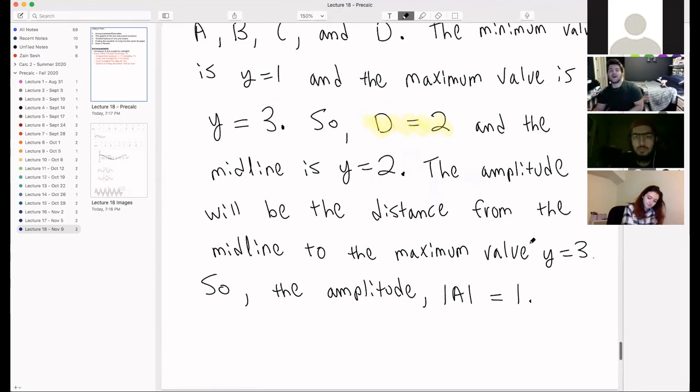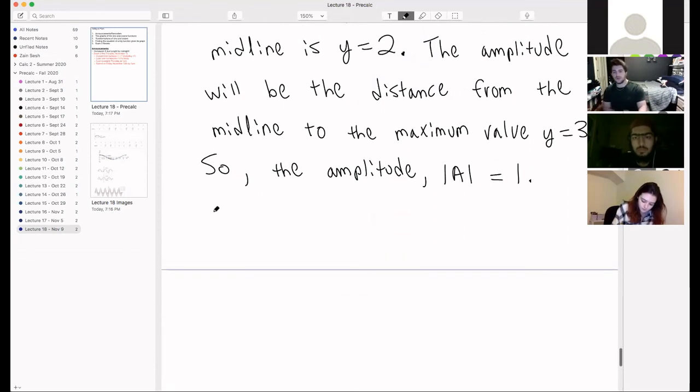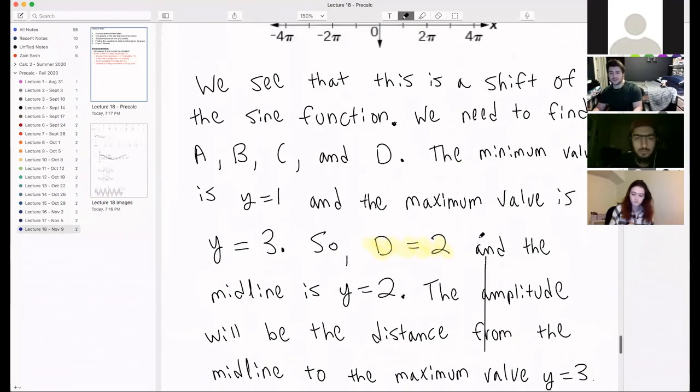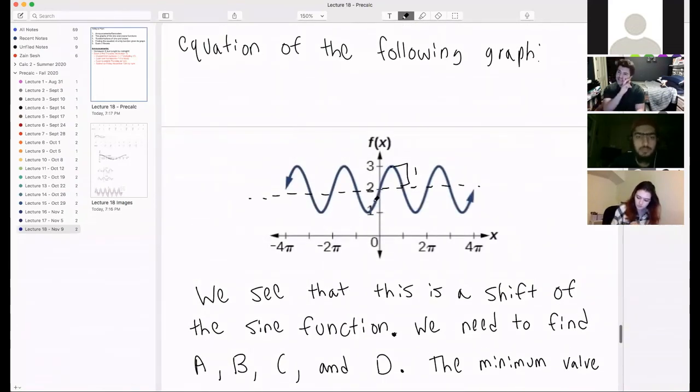Now to find B, we need to find the period. Recall that the period equals 2 pi over B. So we need to find the period, and then we solve this equation for B. We need to look at the graph and ask how many units it takes until the graph repeats itself.